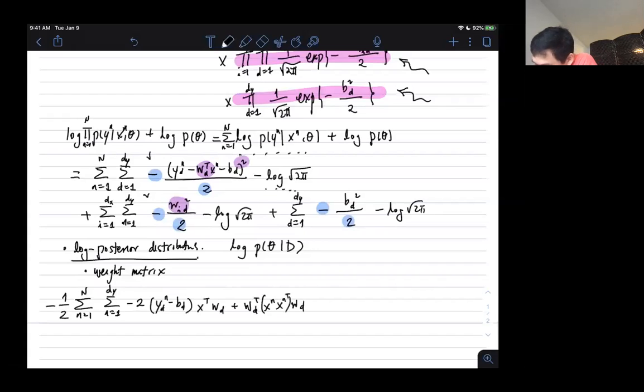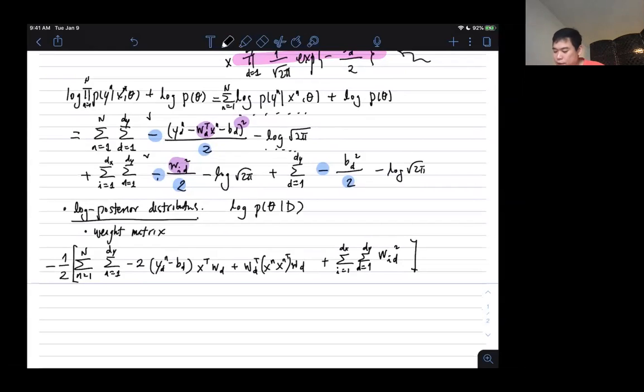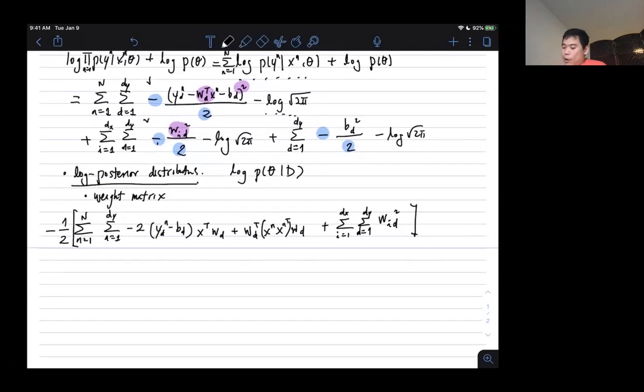Now, the second term is quite natural. Because I took out this minus 1 over 2, I can just write it as plus the sum over i from 1 to dx, and d from 1 to dy, of wid squared. And this is the only thing that I need to consider at this point in order to see how this log posterior distribution would look.